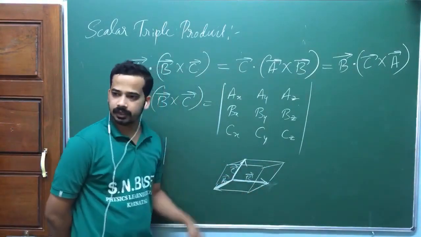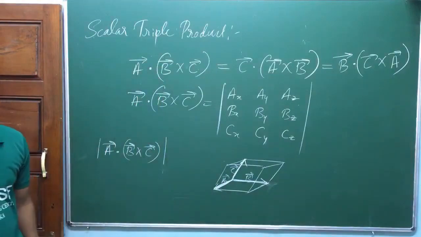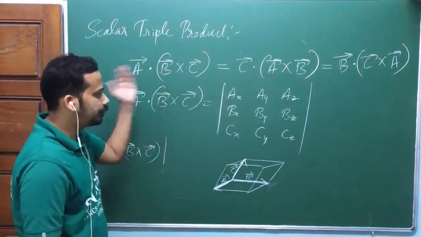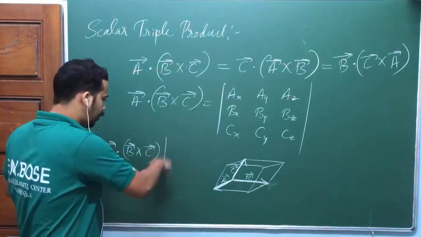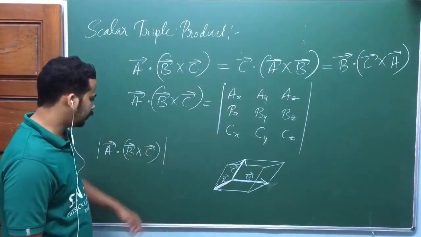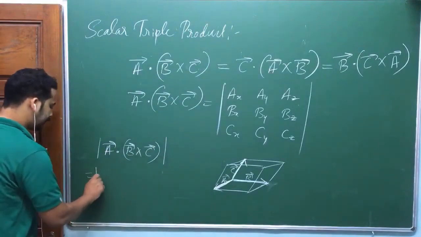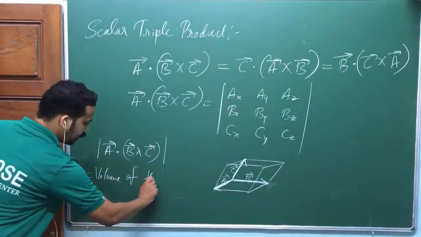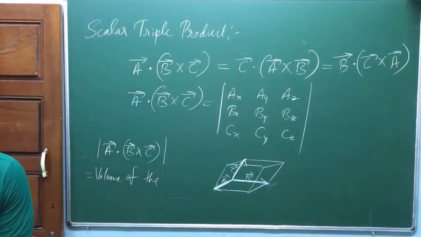This is a parallelepiped generated by A, B, C. Is that okay? And that's equal to what? This value may sometimes be negative, so you have to take the modulus. So the modulus of this is equal to the volume of the parallelepiped. What is the spelling of parallelepiped?